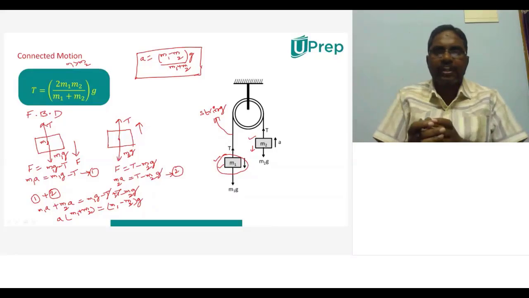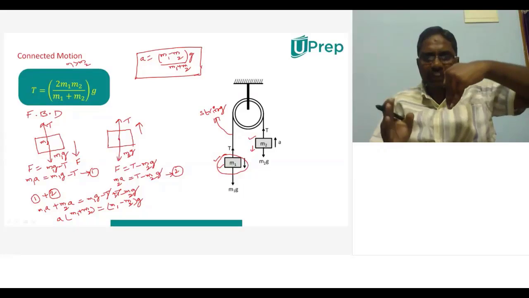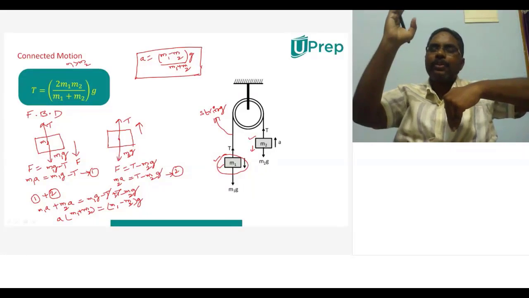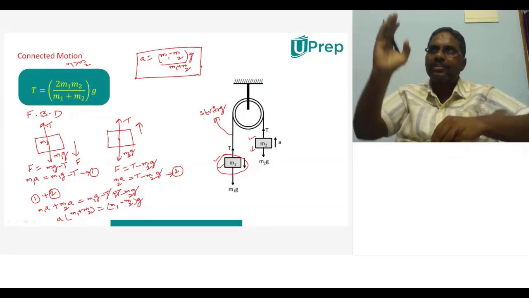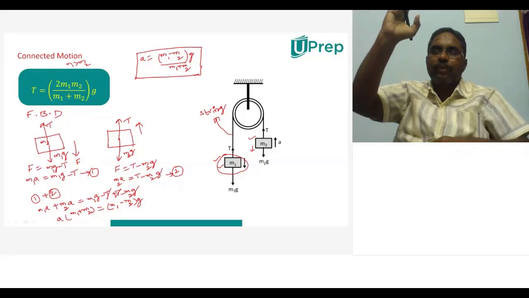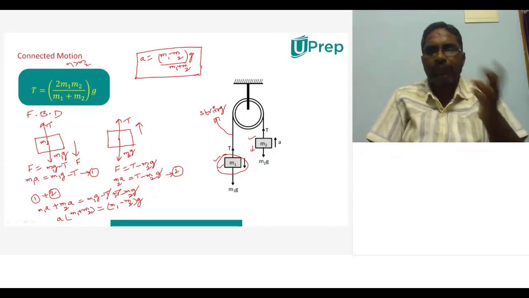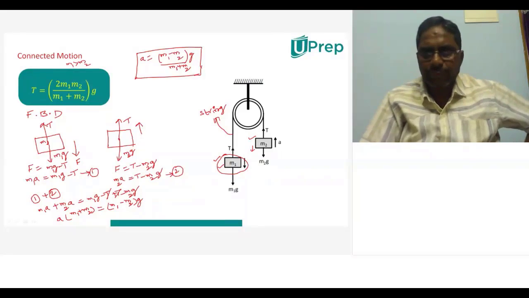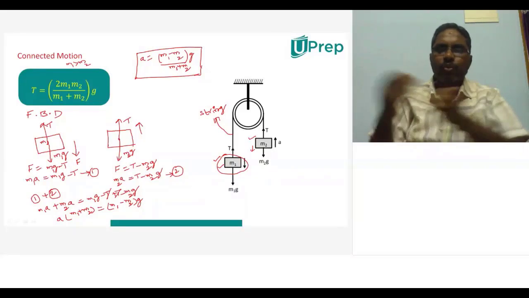And now remember here, Arnav, when mass M1 is moving down, what will move up? M2 will move up. With whatever acceleration M1 is moving down, with the same acceleration M2 will move up. That's why we are getting the same value. As connected bodies are there, you will get only one acceleration, not two.